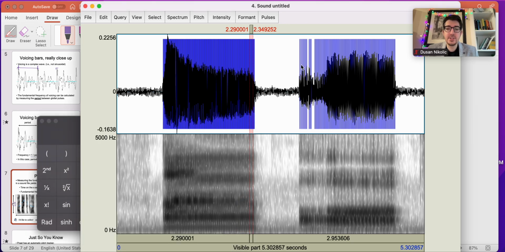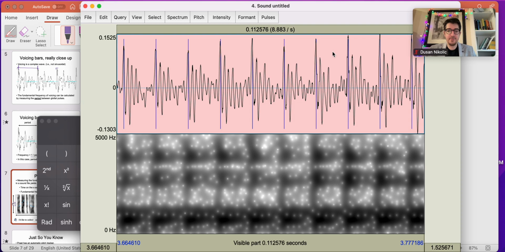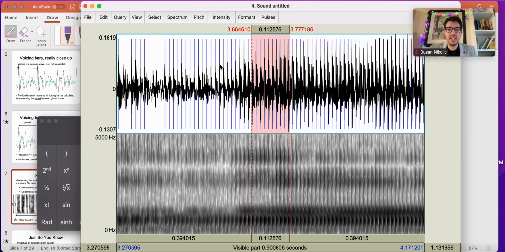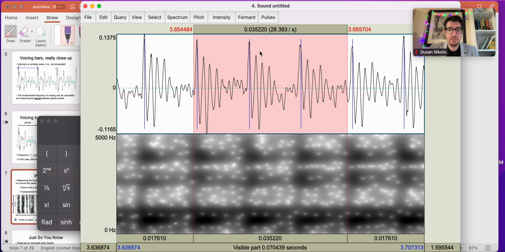And for this part here, you can see that they are not as squeezed. The blue is not almost completely spread out through this waveform, but there are certain little spaces between those, right? And if we take, for example, well, I can measure it this way.